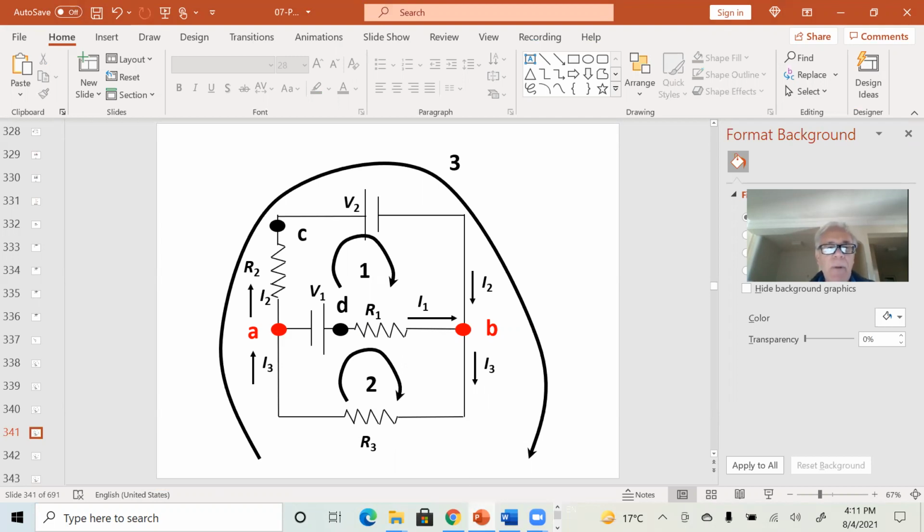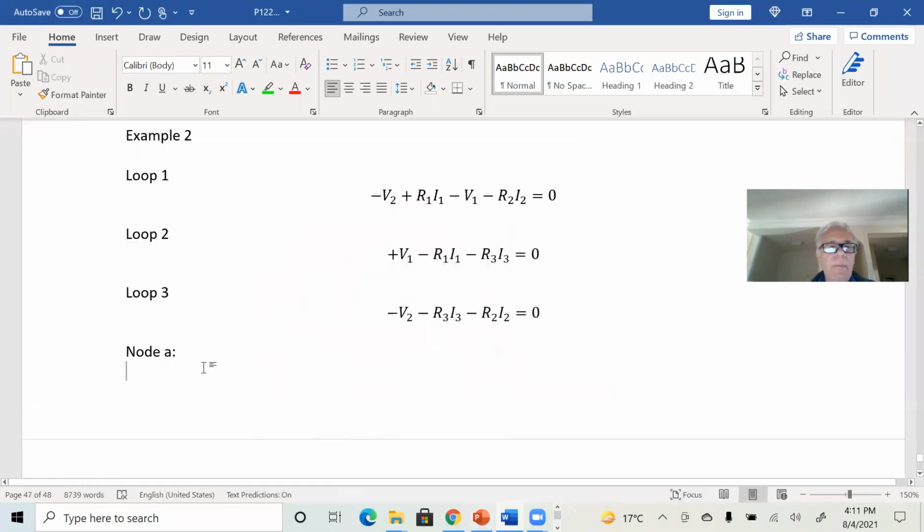And then what do we get? We get I3 equal to I2 plus I1. That's what this equation is telling us. Node A: I3 is equal to I2 plus I1.